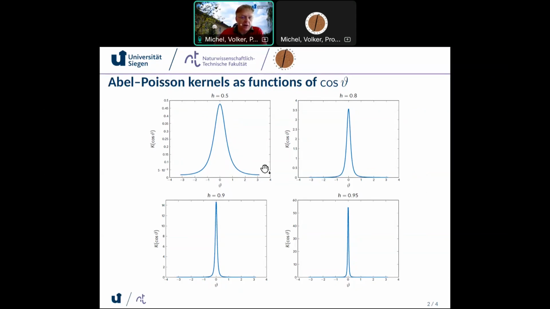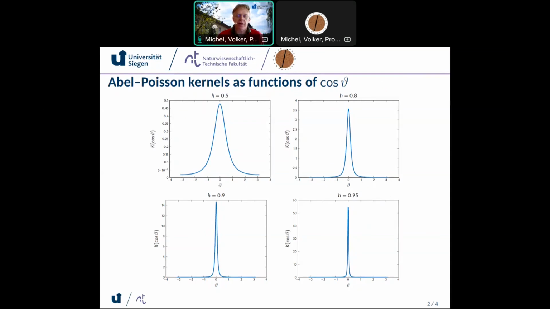And you get similar structures for other spherical radial basis functions. So you have a concentration around the 0 here. And the 0 again is theta equals 0, and cosine of 0 is t equals 1. So it's where t equals 1 that you get the concentration. But by changing different values for h, you get different intensities, let's say, of concentration.